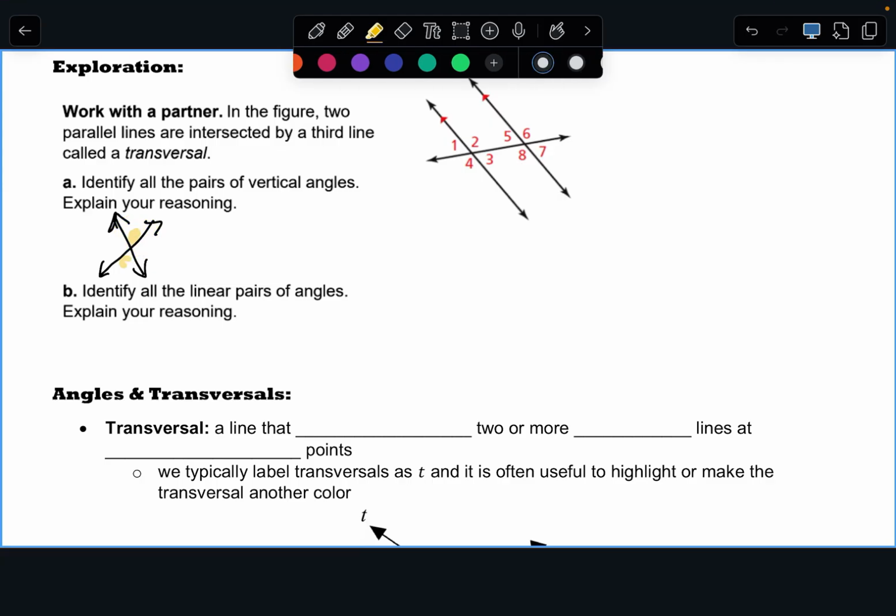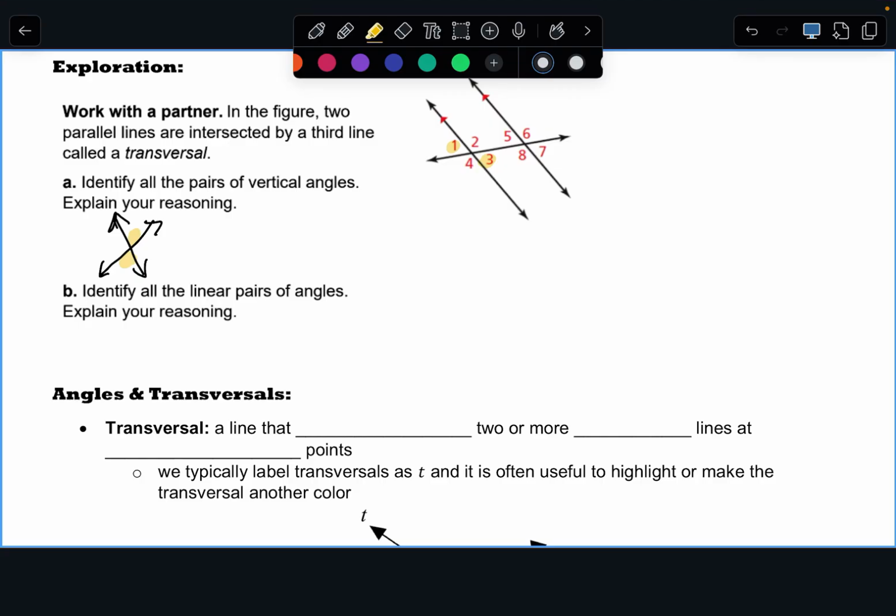So here's one and here's another one. Those yellow angles are vertical angles. So if I look at angle 1 over here, what's angle 1's vertical angle? 3. Okay, so I want you to do that for all the pairs that you see.